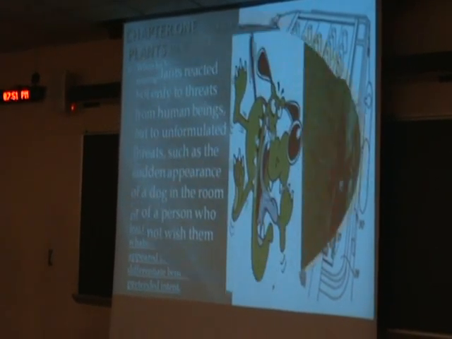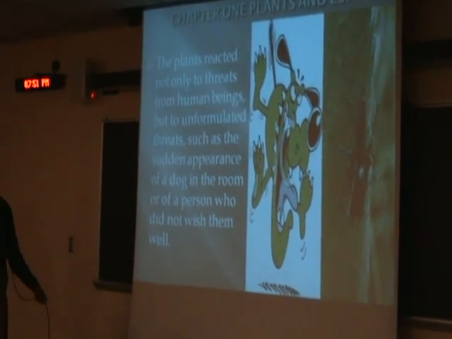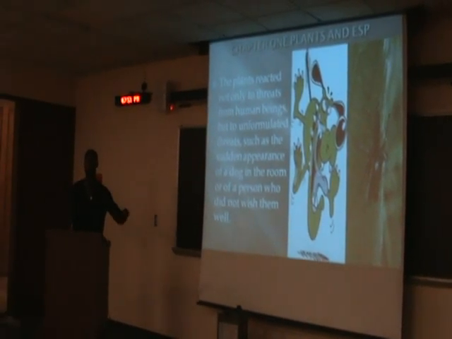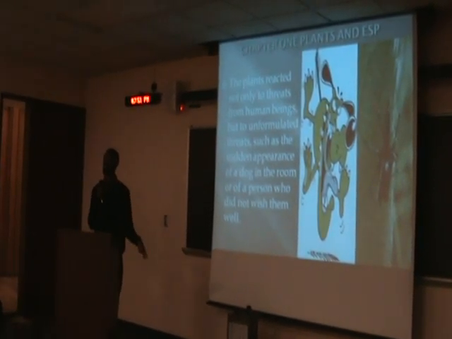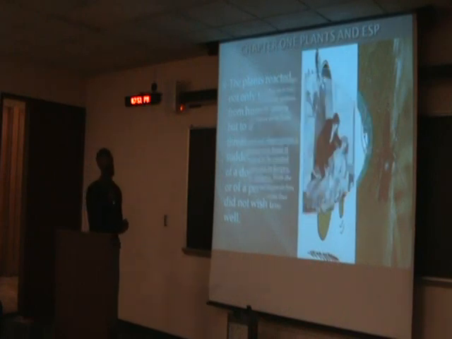Okay, let's go to the next slide here. Not only that, but plants also, according to the galvanometer, had increased movements, even at the sudden appearance of a dog or a human who didn't have their well-being in mind. Let's go to the next one.